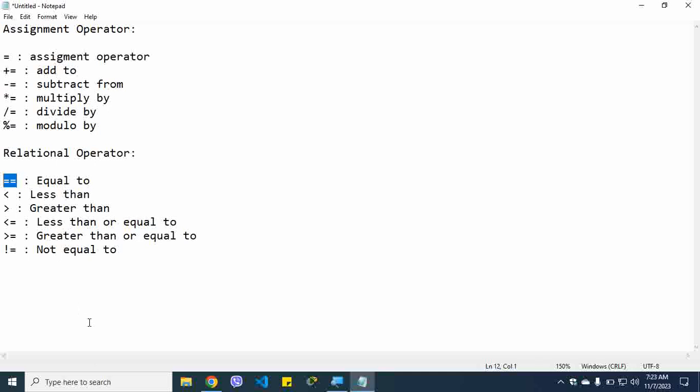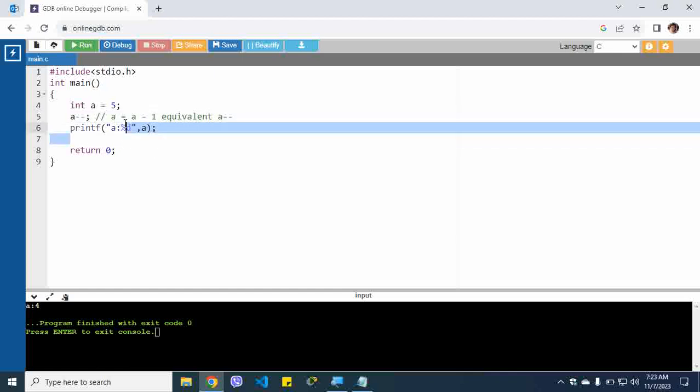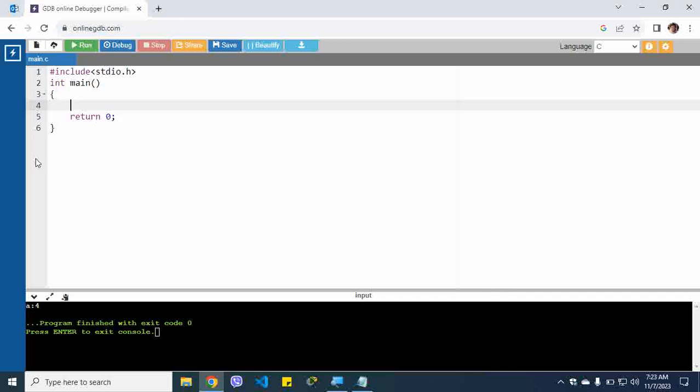But this double equal to, when you have to use this in our program, how? Suppose we can use one example. For example, we will compare two numbers. If both of them are equal, then we can say equal to, otherwise not equal to. So for that, what we can do is a comma b.